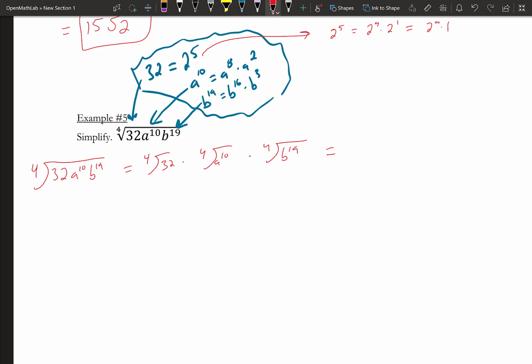So 4 is the biggest multiple of 4 that's less than 5. So you're applying the same thing as with the variables. Rewriting this, I would have the 4th root of 2 to the 4th times 2. Oops, I wrote that up here too, sorry about that. This would just be times 2.